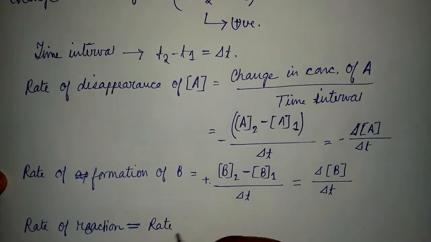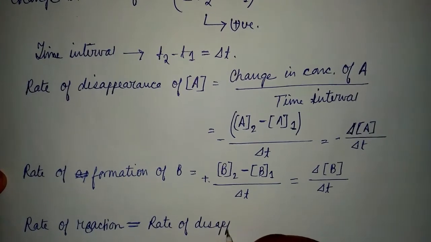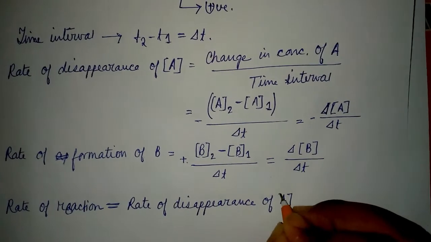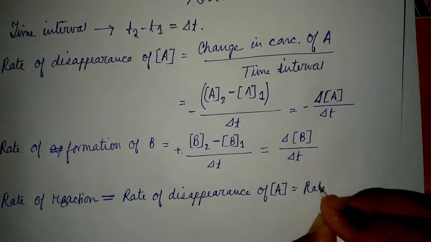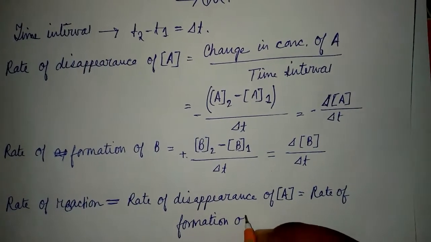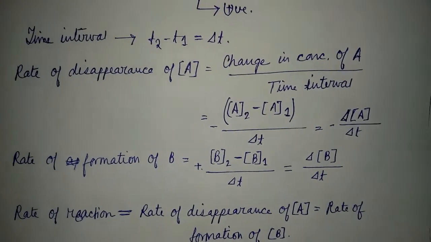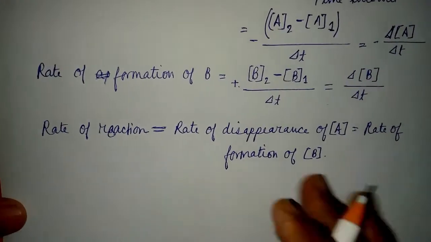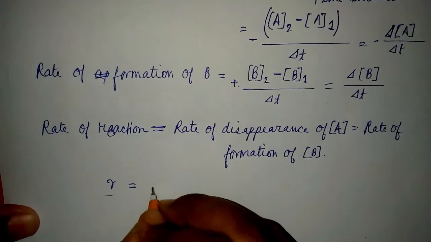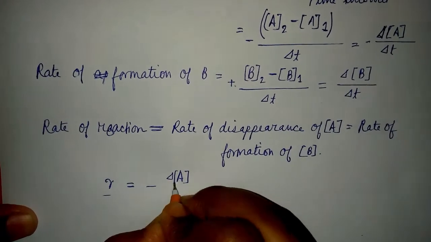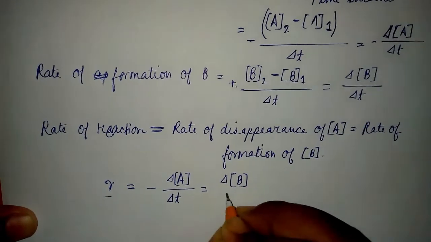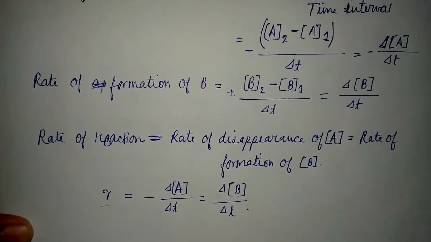So this is equal to the rate of disappearance of A, which is again equal to the rate of formation of B. So the general term can be written as R, being the rate of reaction, is minus delta A by delta t, which is equal to the rate of formation of product.